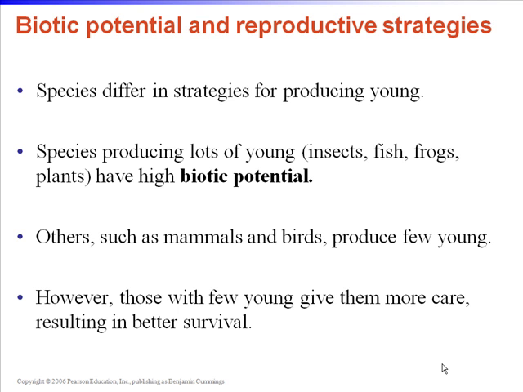All right. Last idea here is biotic potential and reproductive strategies, and these are going to vary among species. All the species are going to have different biotic potentials and reproductive strategies.